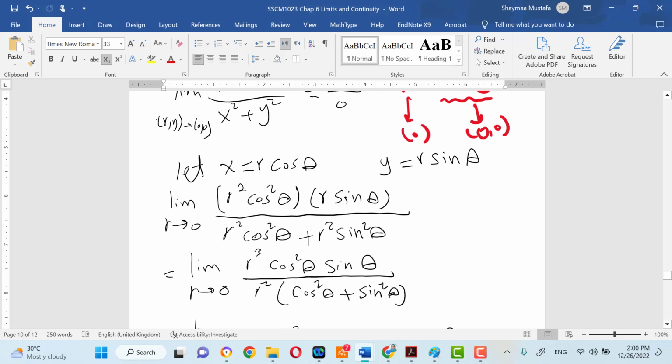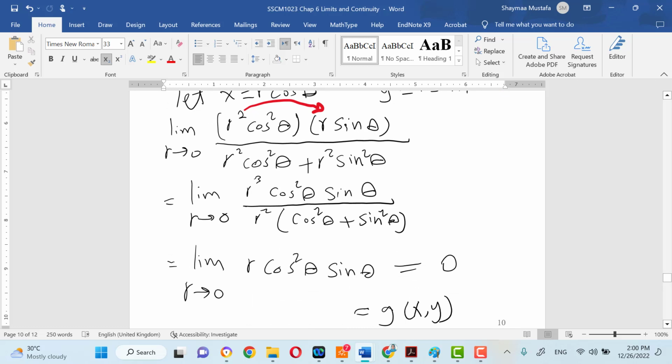So here the limit when r goes to 0. Now r squared multiplied by r is r cubed, cos squared theta sin theta, over r squared times cos squared theta plus sin squared theta, which is 1.